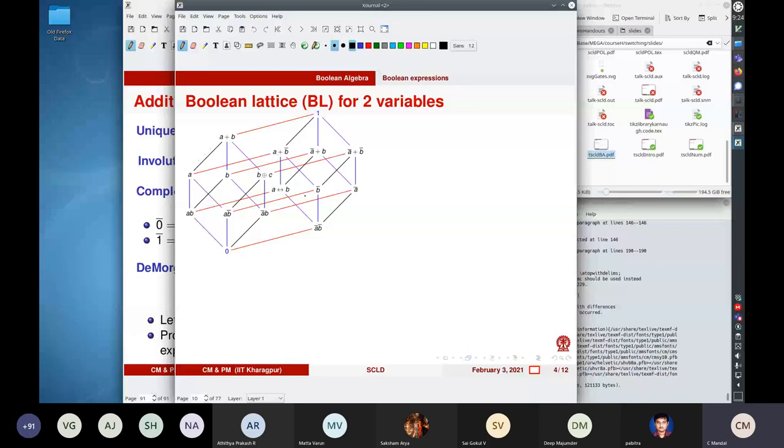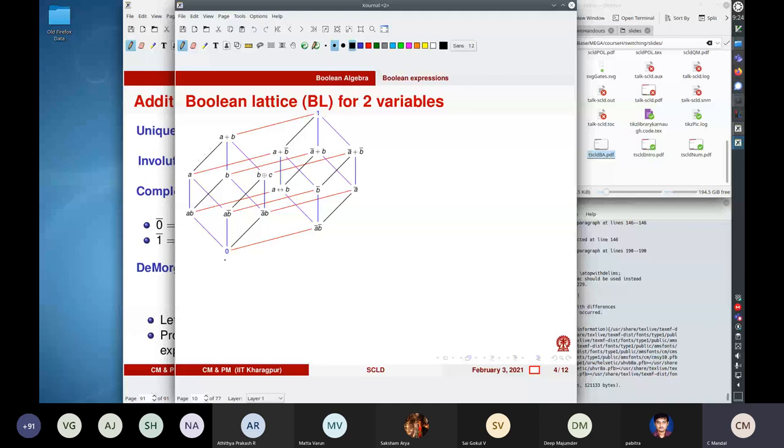You can relate this to various Boolean expressions, and you can think of these various Boolean expressions as elements in a Boolean lattice.